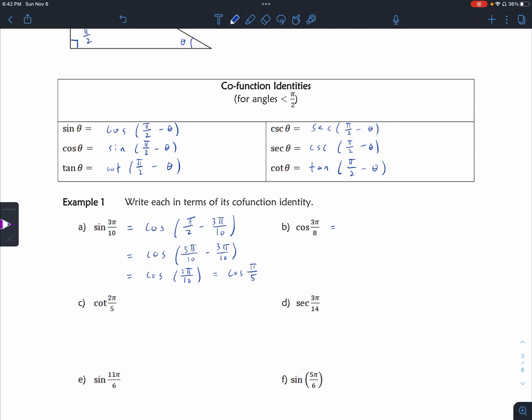This is going to be, in terms of sine, pi over 2 minus 3 pi over 8. So sine of 4 pi over 8 minus 3 pi over 8, which is going to give us sine of pi over 8.